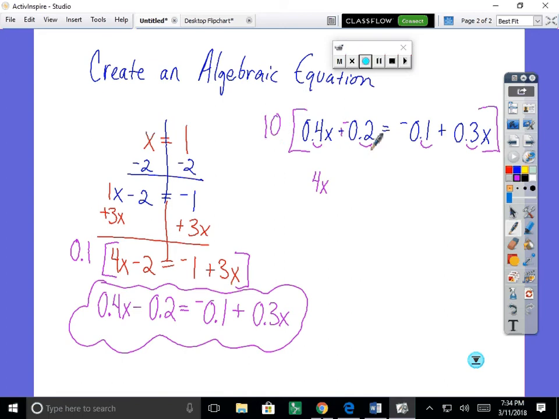And 10 times a -2/10 would just get me a -2. And there was addition, there's still addition. On the other side, I'm kind of using this distribution idea, but I'm making sure I grab every single term along the way, trying to get rid of the decimal. You don't have to do it this way, but this is one way to do it.